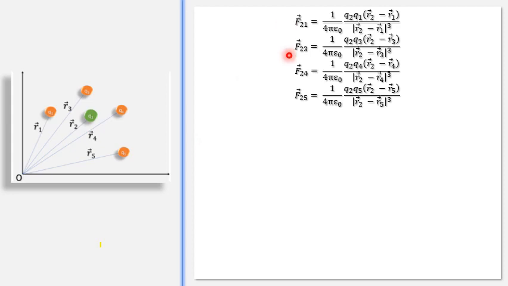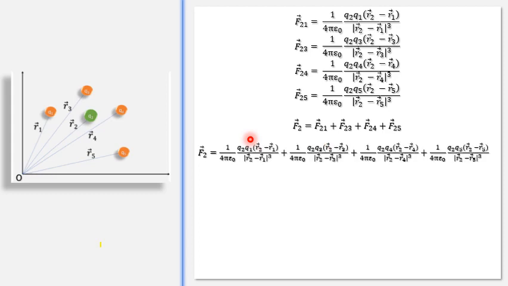Force on 2 due to individual charge Q3. So to find out resultant force, I'll have to take vector sum of all these forces. Resultant force is summation of forces due to individual charge, vector sum of the forces, and then if we substitute all our values, we end up with a bit scary equation.